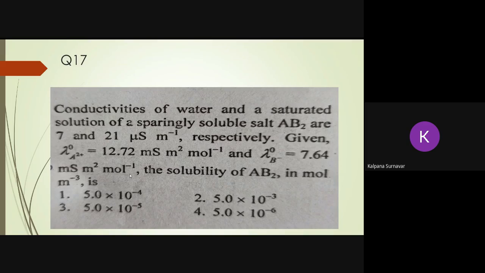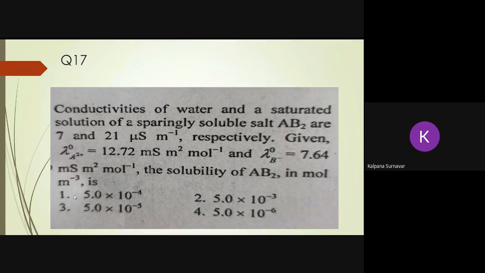So we have two conductivities, one of water and one of the saturated solution, and then the equivalent conductance of the positive ion and of the negative ion which are dissociated. Now we have all four terms, the compound is AB2, and we have to find the solubility of AB2 in mole per meter cube.